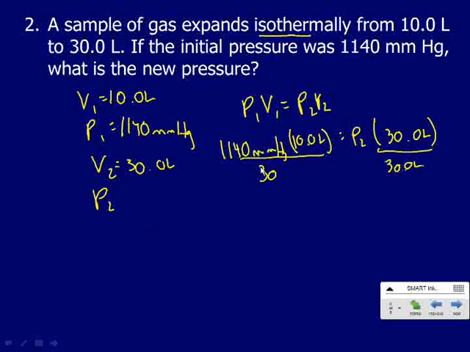Divide off the 30 liters. Notice the units, sorry, I didn't want to get rid of the 10. The unit liters cancel. That's why the units have to be the same. The 30s also cancel on that side. P2, what do we got? Yep. 380 millimeters mercury.